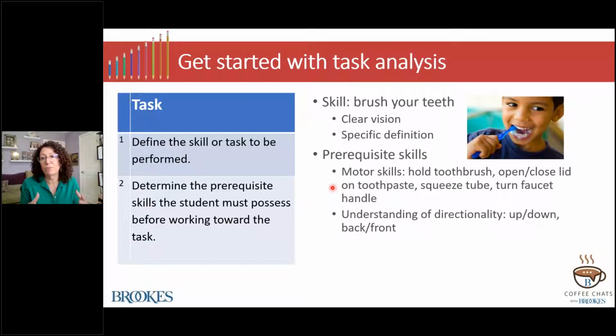On the other side, don't get too worried about being excessively specific with your prerequisite skills. I've had students in the past where they're working on developing these task analyses, and they want to have a reading comprehension task analysis, but they try to define every prerequisite skill, like can read short vowels, can read long vowels, can segment and blend.